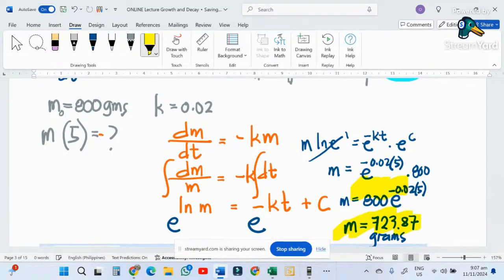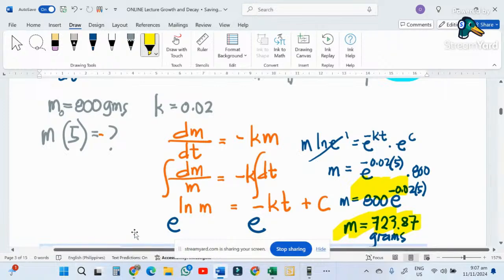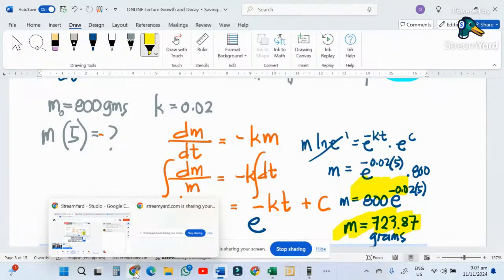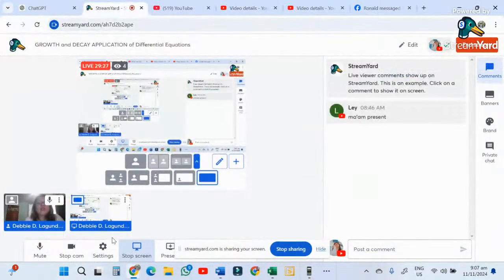For the first part of the exam, that is just multiple choice, but there is a twist because you have to show your workings. All right, back here now. Okay, so I hope you understood it.